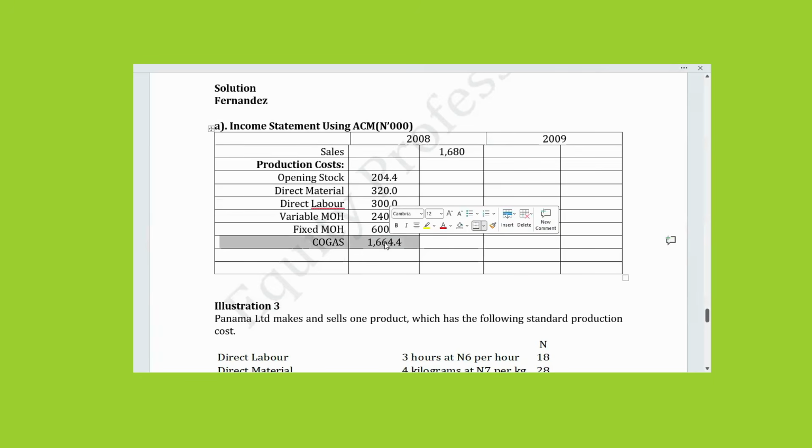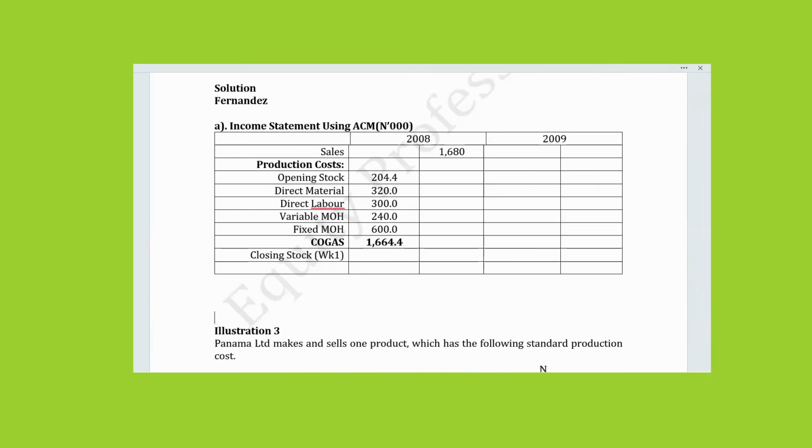Immediately after COGS, remember, we are using absorption costing method. So immediately after COGS, you less closing stock. So I will come here, closing stock. This will be our working number one. Closing stock will never be given to you. It's your responsibility.